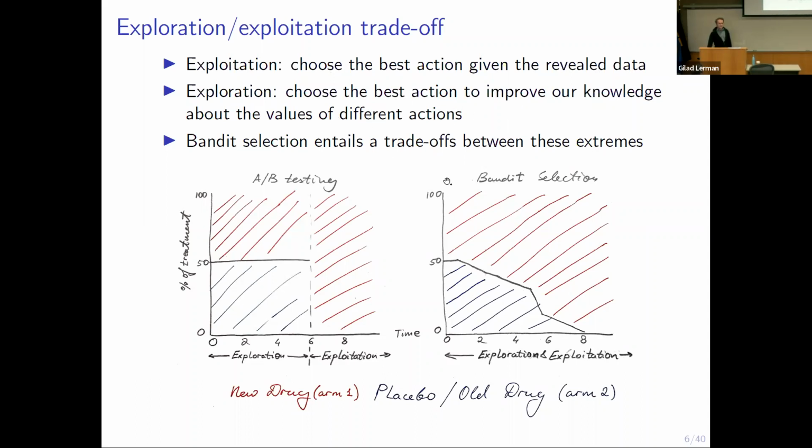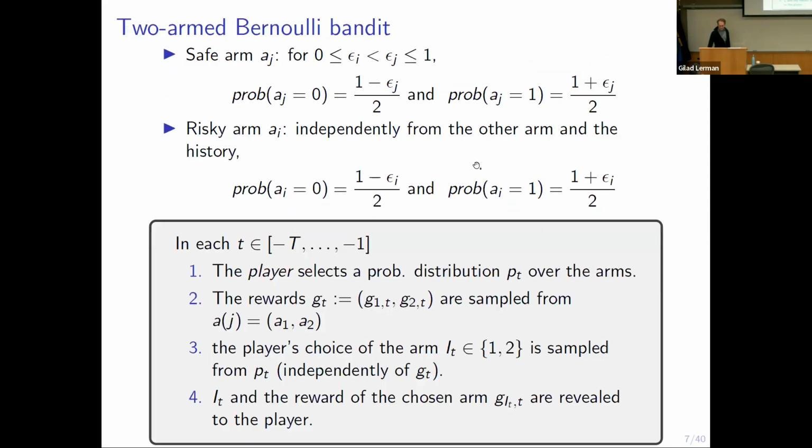In the bandit selection that I'll talk about, we will not study this particular trade-off, but the motivation is to understand, among other things, the trade-off between these extremes, as well as a desire to minimize the administration of the inferior treatment, or to minimize the number of times you would pull the arm that inflicts higher losses on you.